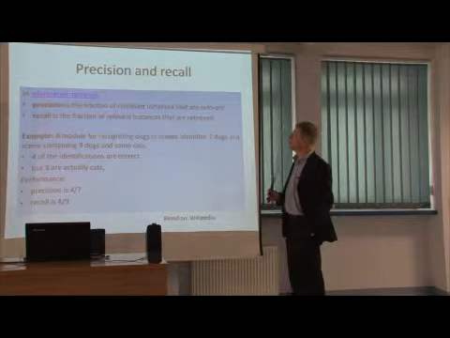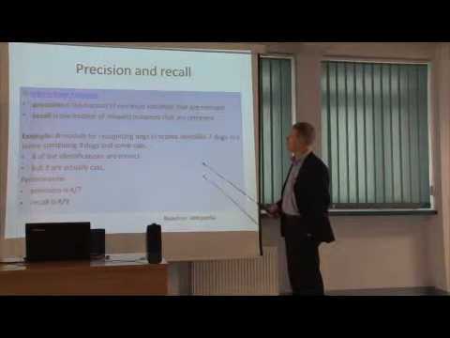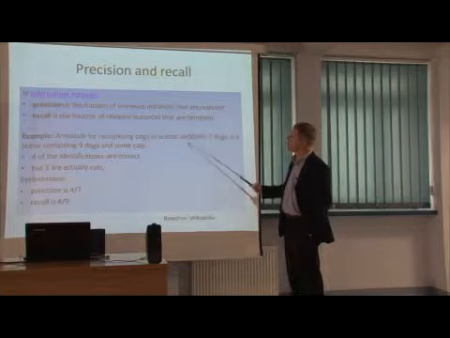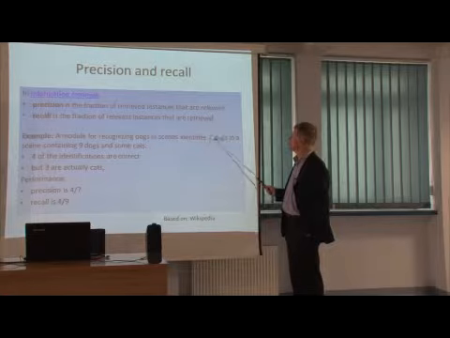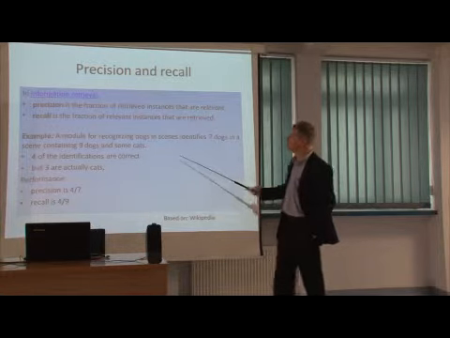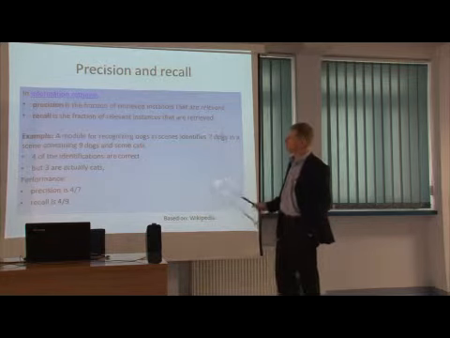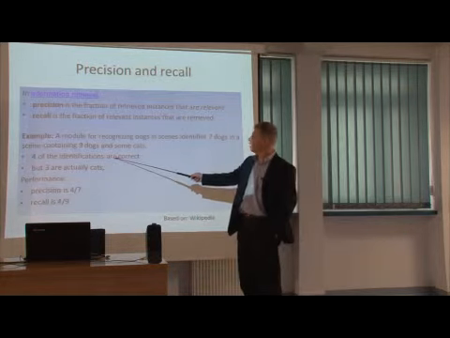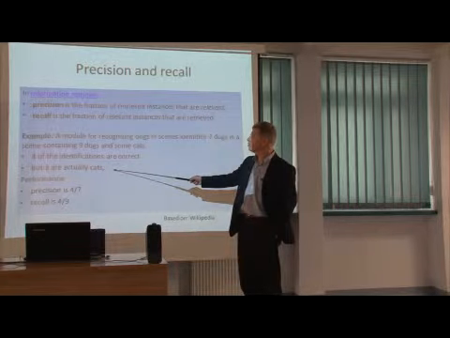All right, we're going to review the concepts of precision and recall. We mentioned it before, so here's another example. A module for recognizing dogs in scenes identifies 7 dogs in a scene containing 9 dogs and some cats. So 4 of the identifications are correct, but 3 are actually cats.